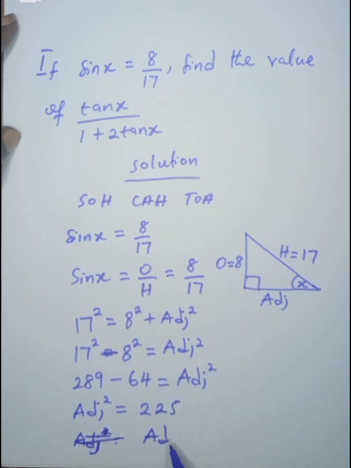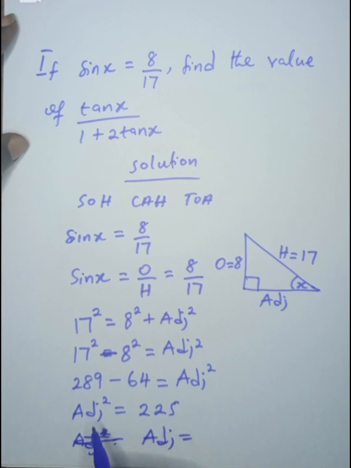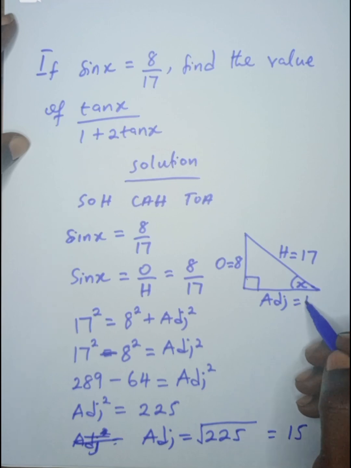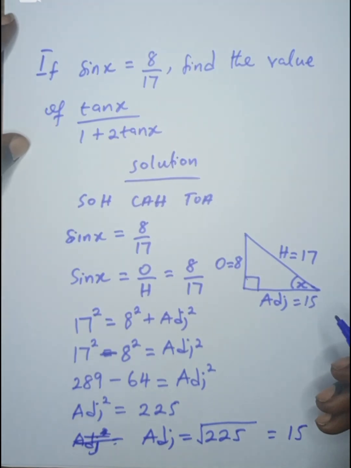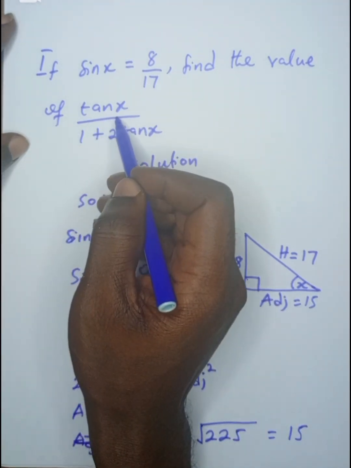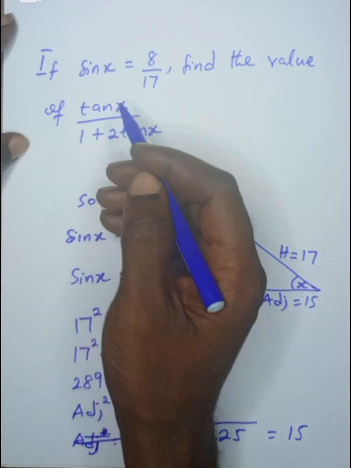So the adjacent is equal to, for us to remove the square, we have to find the square root of what is on the right hand side, which is 225. And the square root of 225 is 15. So it means that the adjacent is 15. Now, why are we doing all this? Because we want to find tan x so that we can do the substitution.